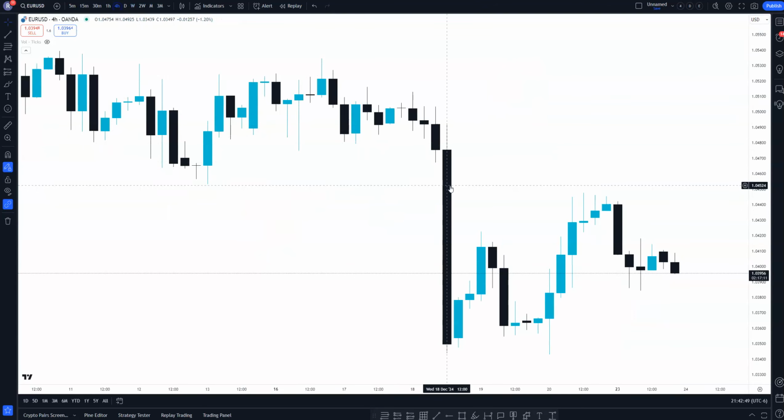Then we can also go below that. So we've got 4 hour. In a 4 hour chart, you have this large down candle. It's massive. This is 4 hours' worth of data starting at 12 noon on the 18th of December. We have our opening price, our high, our low, and then we have our close. This is the 4 hour candlestick.